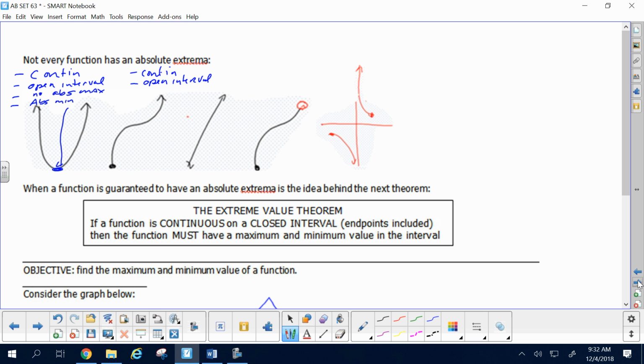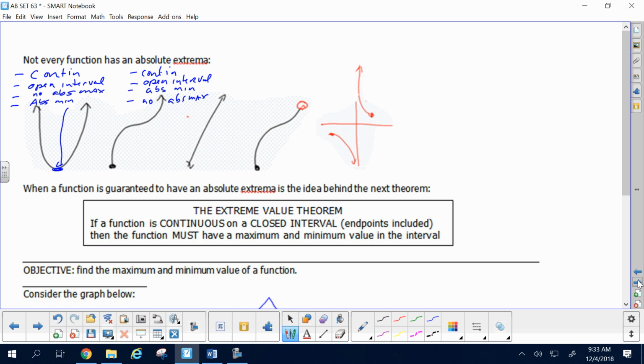So you would still call that an open interval, the fact that it's not finite. Does it have an absolute min? Does it have a y value that's lower than all other y values? Yes, it has an absolute min. Does it have an absolute max? No absolute max. Okay, cool.